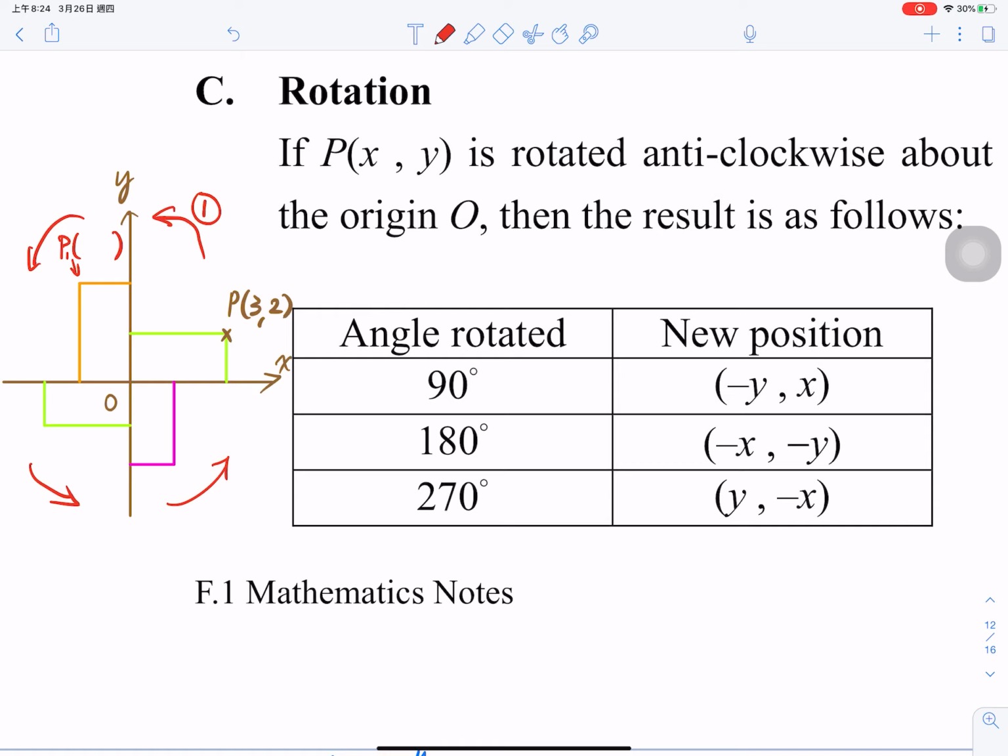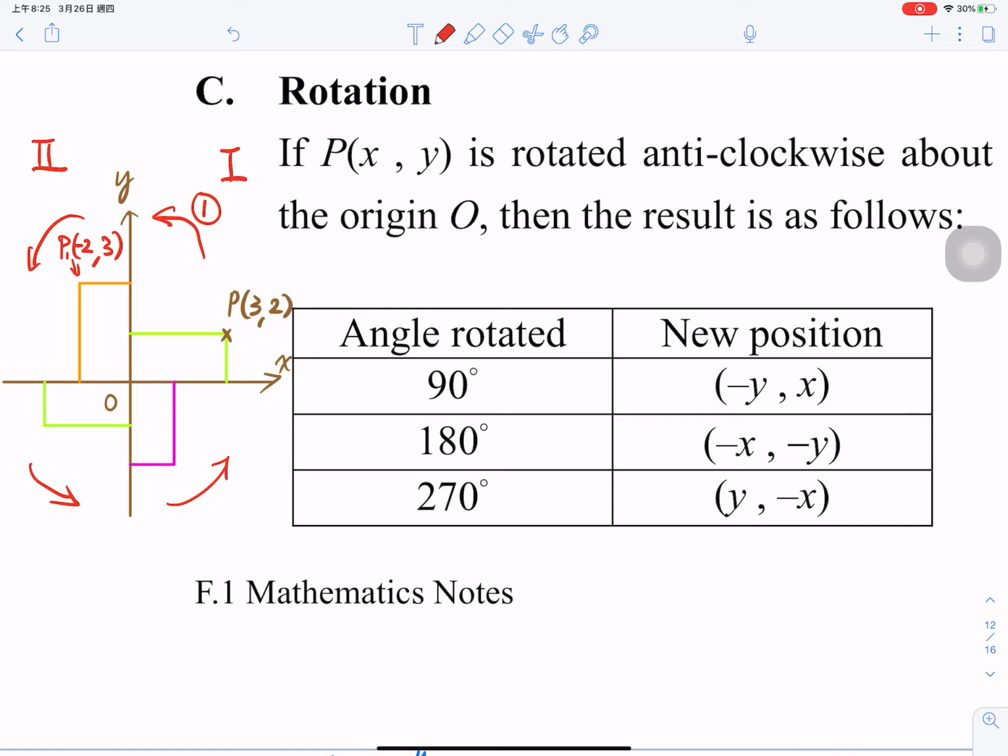The width and the length change. However, this is quadrant 1 with positive coordinates. Rotate it to quadrant 2. In quadrant 2, the x coordinate is negative. So -2, 3 is the answer.